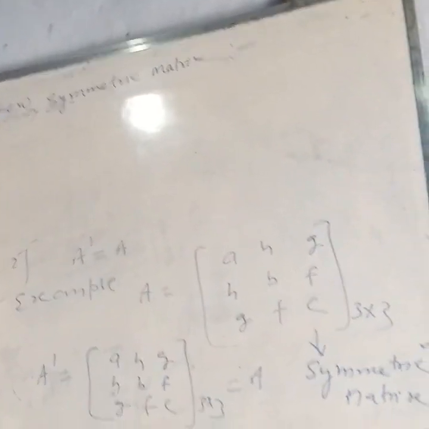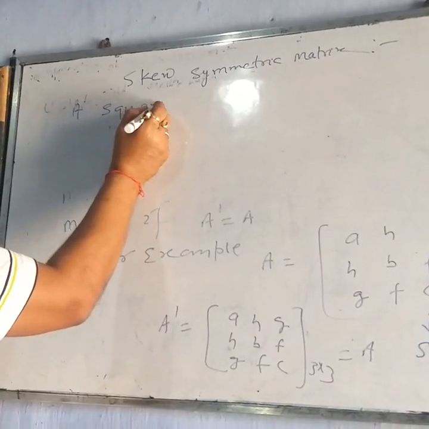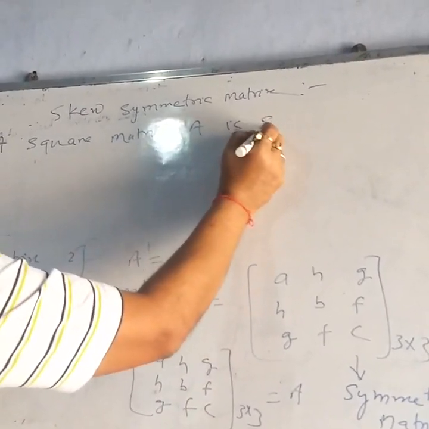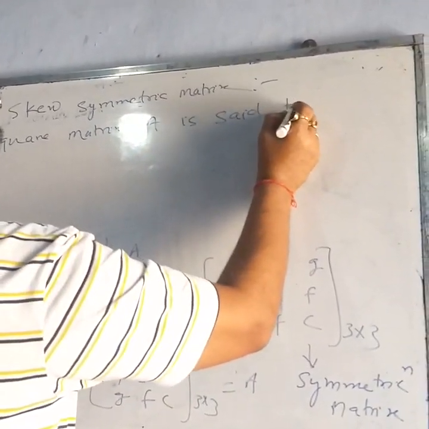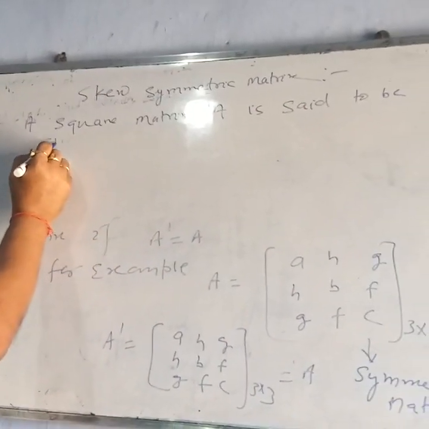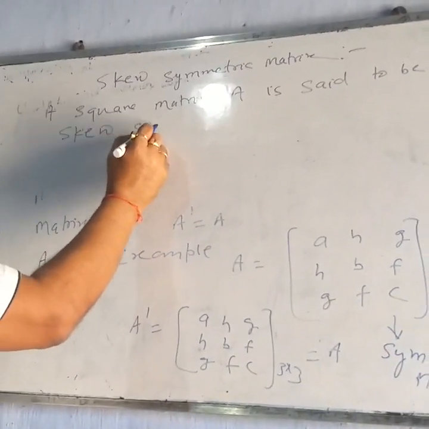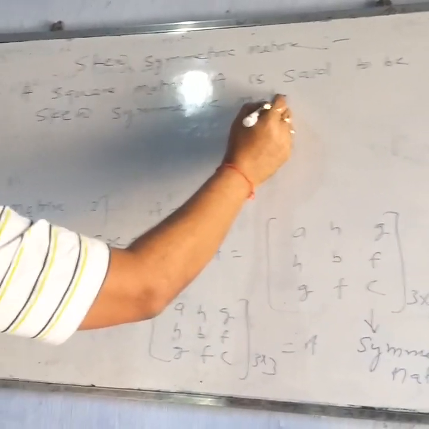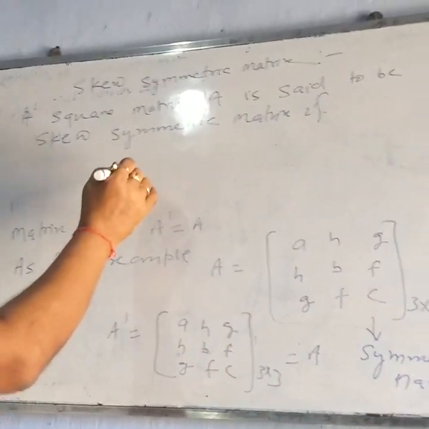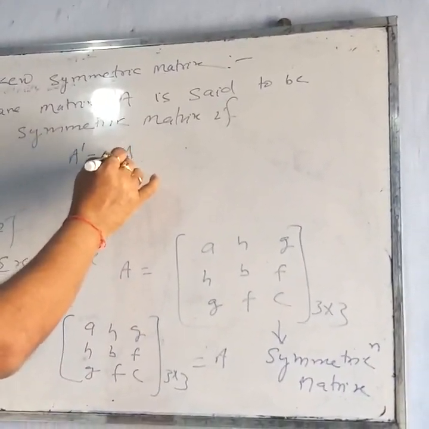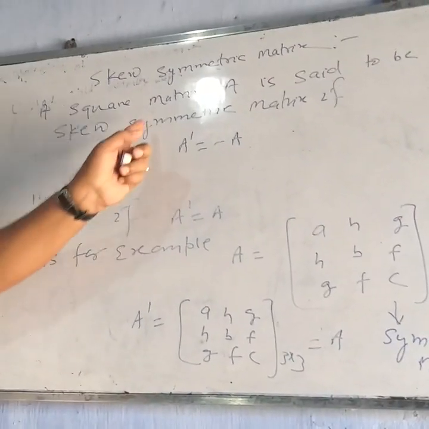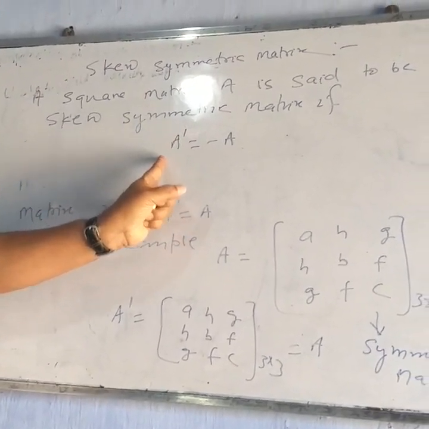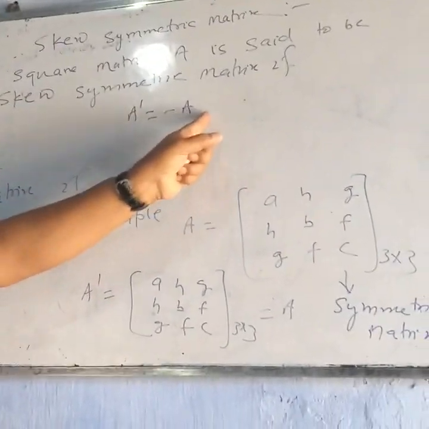A square matrix A is said to be a skew symmetric matrix if A transpose is equal to minus A. Any square matrix A satisfying this property is called a skew symmetric matrix.